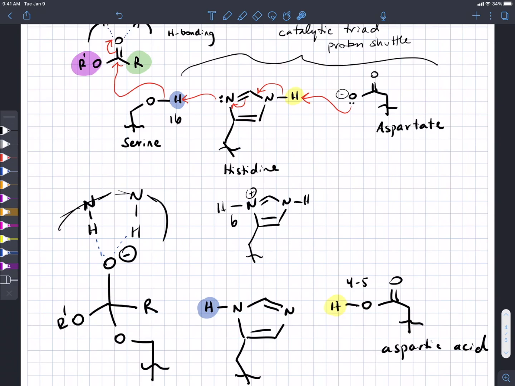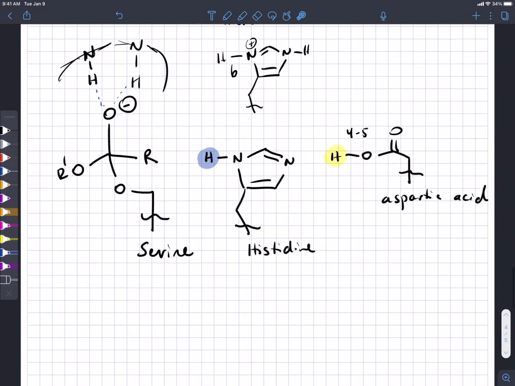And so perhaps the environment adjusts the pKa's of these protons such that this kind of proton shuttling is possible. The alternative explanation is that these side chains are close enough to each other that these aren't really proton transfers so much as they are really, really tight and close hydrogen bonds. Both of those are things that people think about. It's not important for this class, but I wanted you to be aware of the issue.